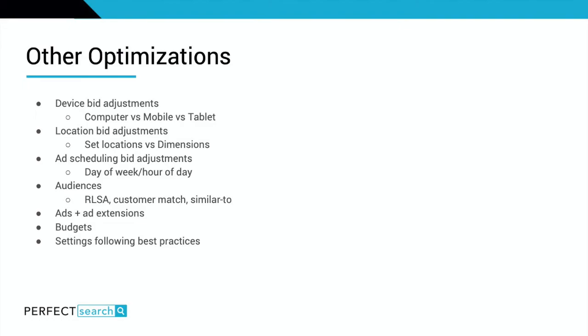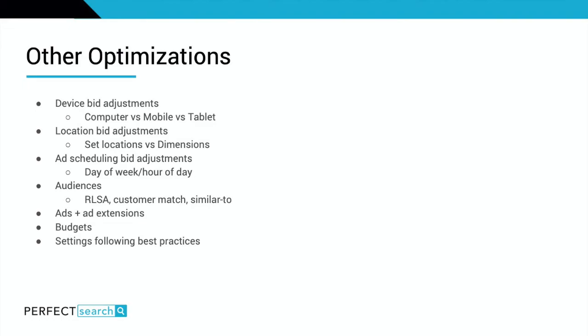You may have ad scheduling bid adjustments. So certain days of the week, maybe your product sells really great during business hours, so Monday through Friday, you want to have maybe positive bid adjustments, but then Saturday and Sunday, you want to be decreasing your bids or maybe even excluding your ads from showing on those days, depending on how performance is. And then hour of day adjustments, same thing.